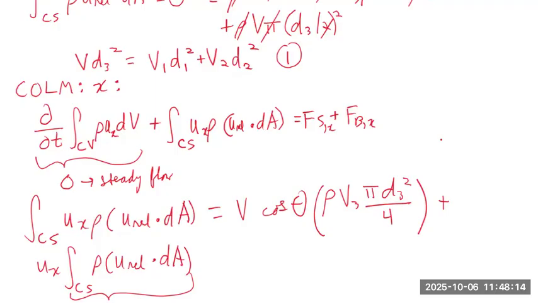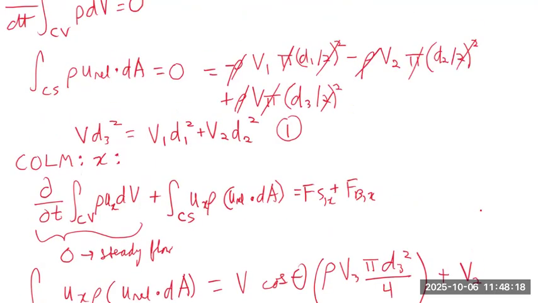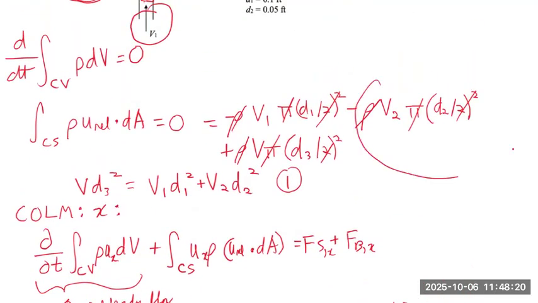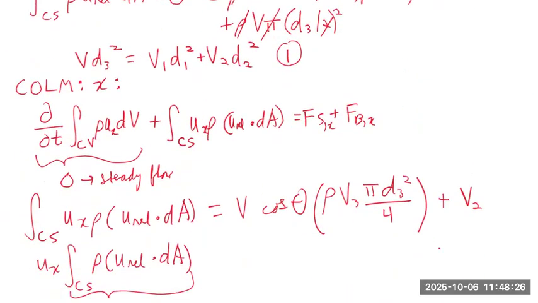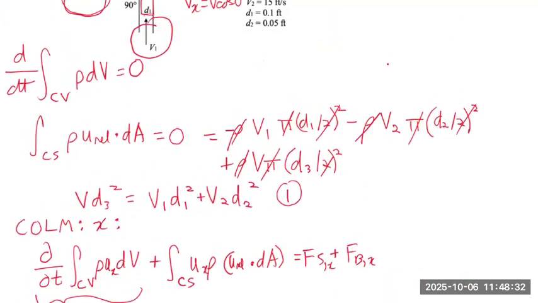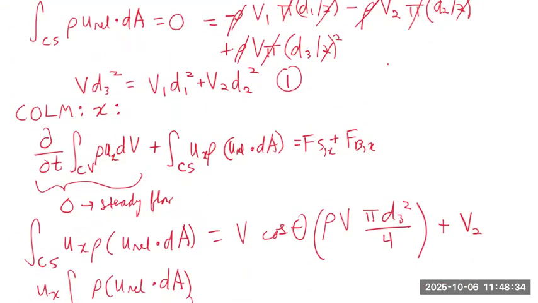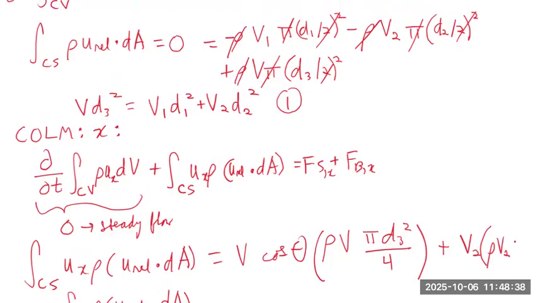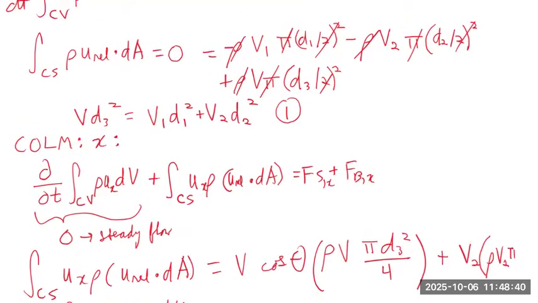So we add V2 times rho V2 pi D2 over 2 squared, so rho V2 pi D2 squared over 4.